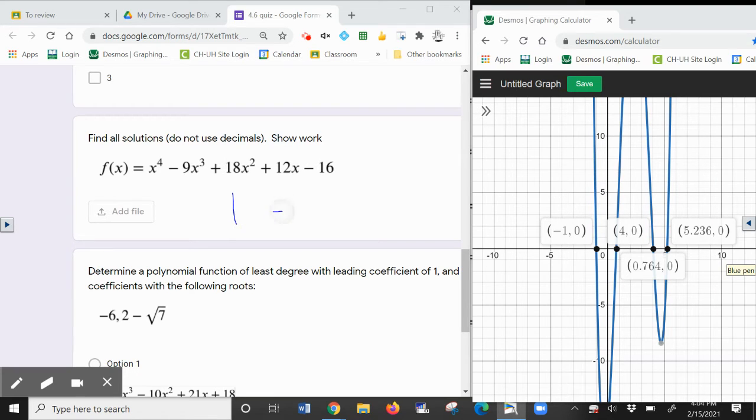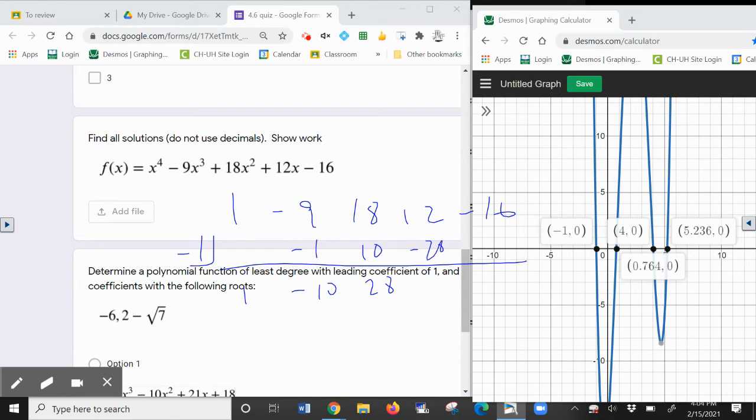So let's see. 1, -9, 18, 12, and -16. We're going to go through with -1 and see 1, -1, -10, +10, 28. We got -28, -16, and +16.